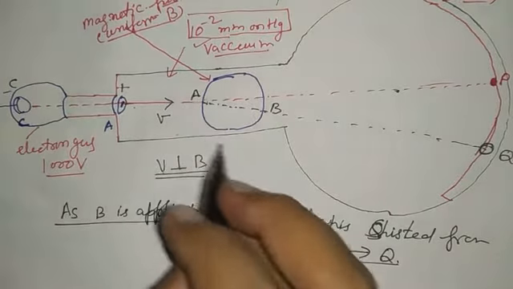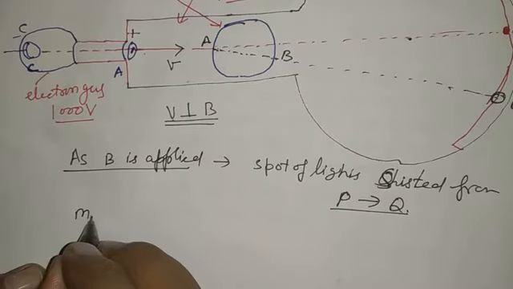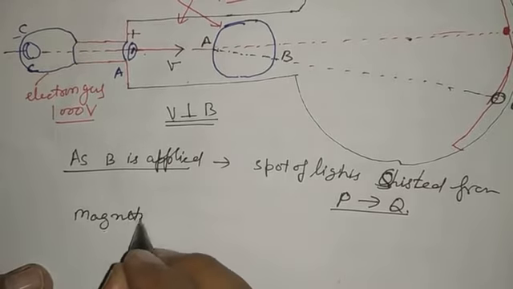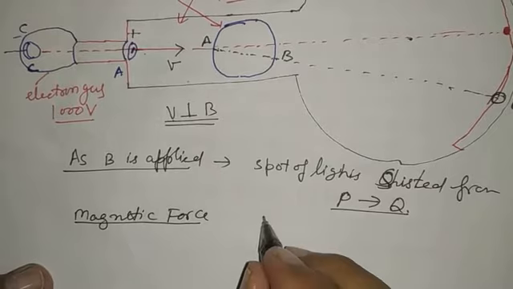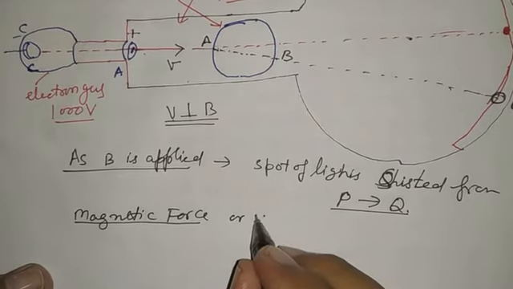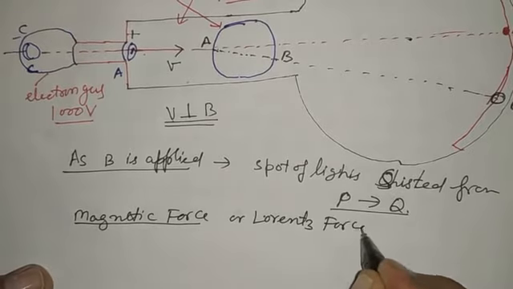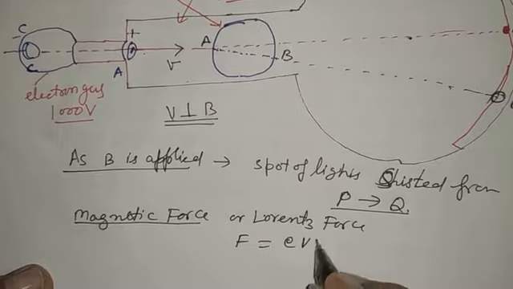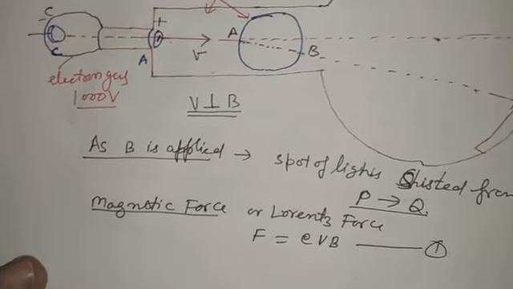Let us see first the magnetic field. Due to magnetic field B, the magnetic force experienced by the electron is also called the Lorentz force. F is given by e v B, represented by equation number 1.